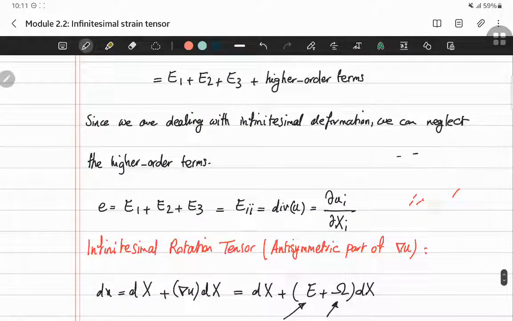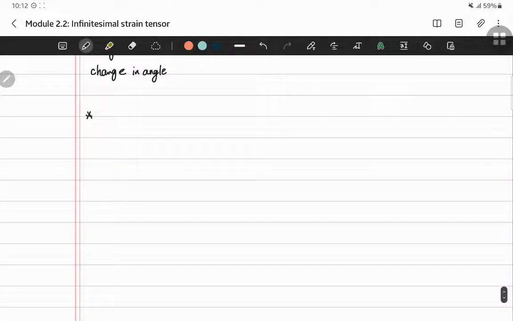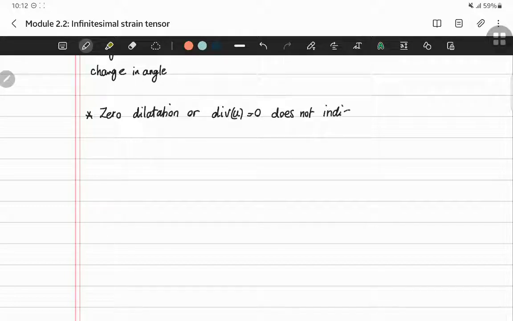So zero dilatation, or the divergence of u equal to 0, does not indicate zero deformation.